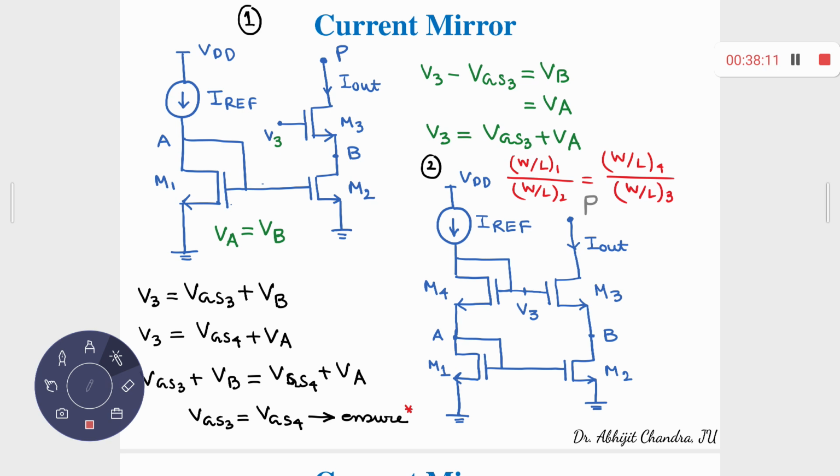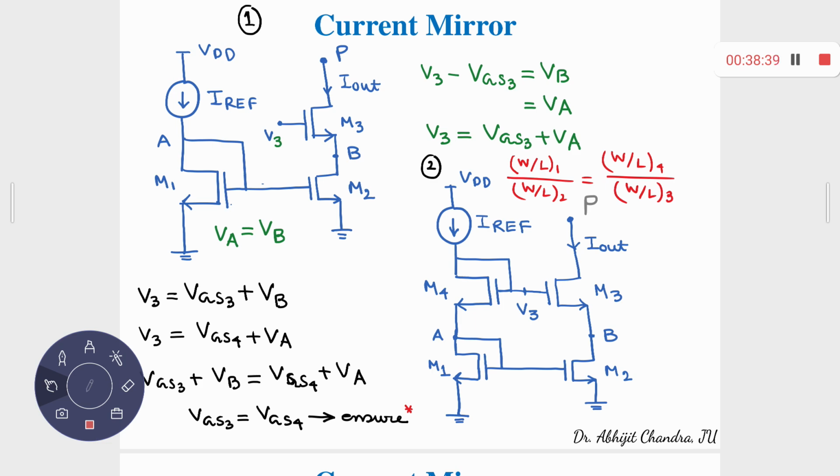Is there anything related to loading? Because we have to ensure that all these four MOS devices are in saturation. You have to ensure that 3 and 4 are in saturation, and that severely restricts the available voltage.